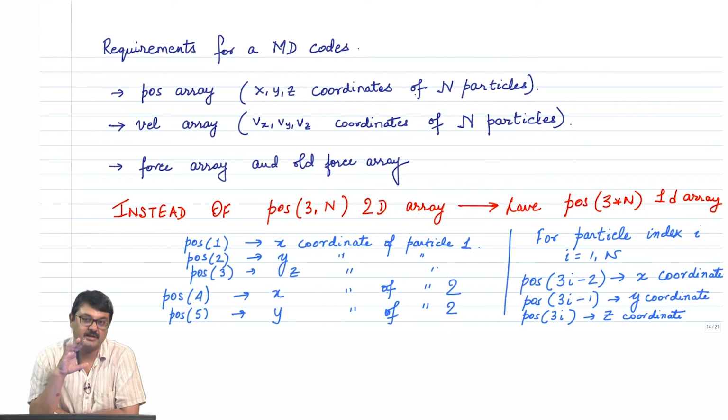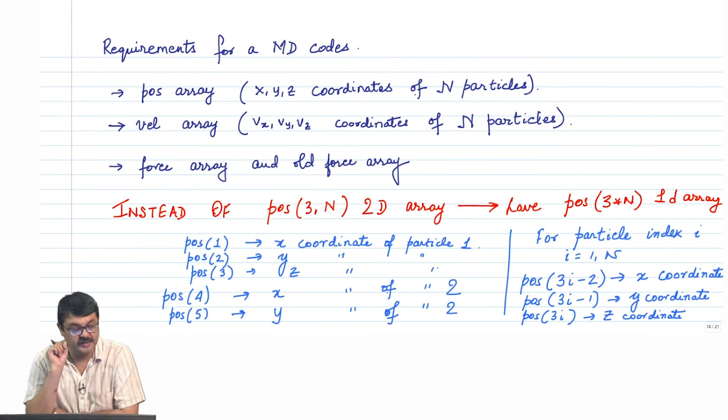So, we have talked in general about the principle of what MD tries to do, and now we are slowly moving to how to implement it in greater and gorier detail.